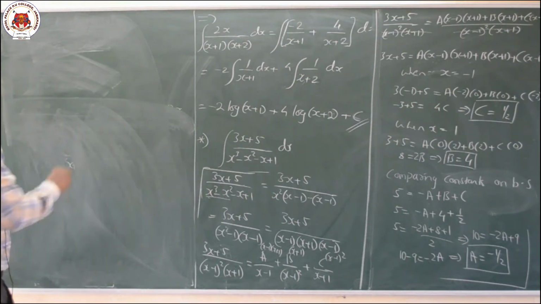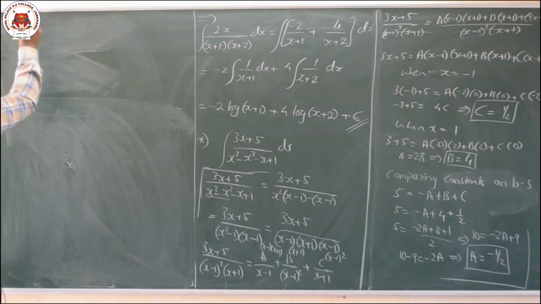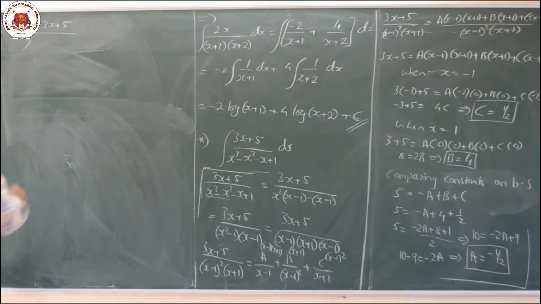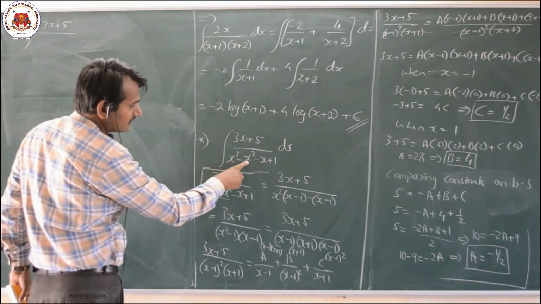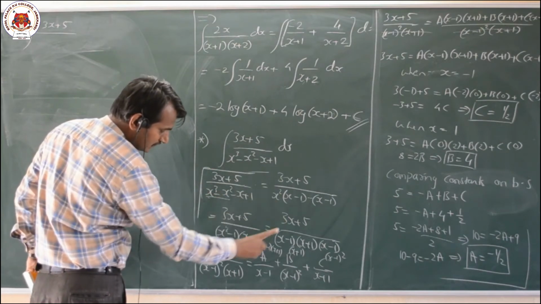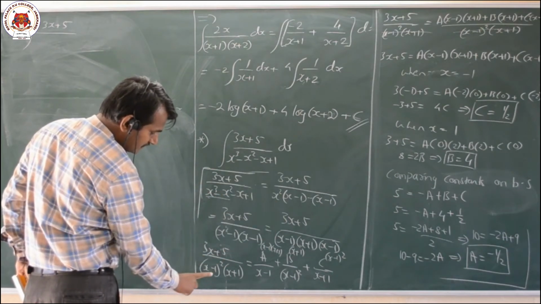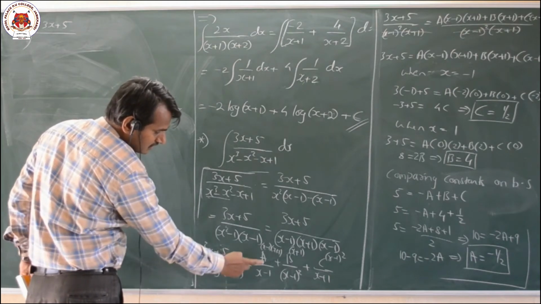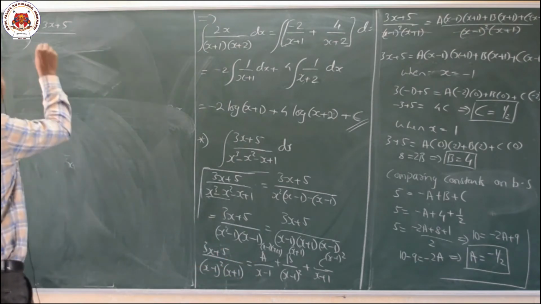That implies integration of 3x plus 5, whole divided by x cube minus x square minus x plus 1. This term after simplifying, what I had written here, is 3x plus 5 divided by x minus 1 whole square into x plus 1. That equals integration of a divided by x minus 1.